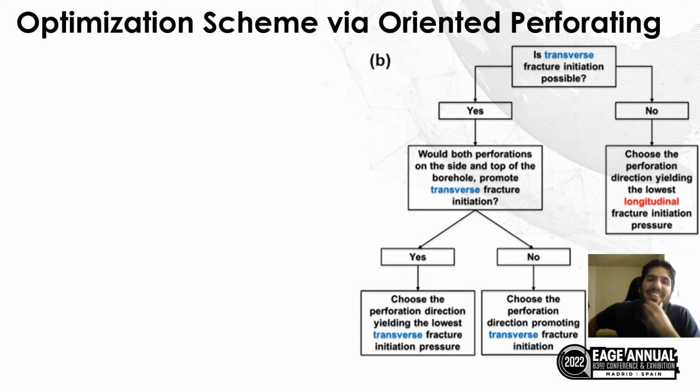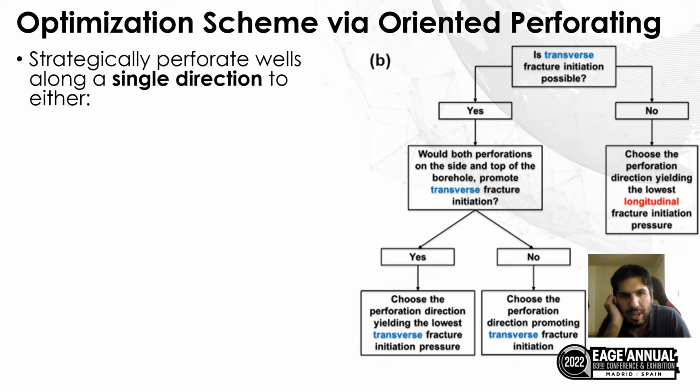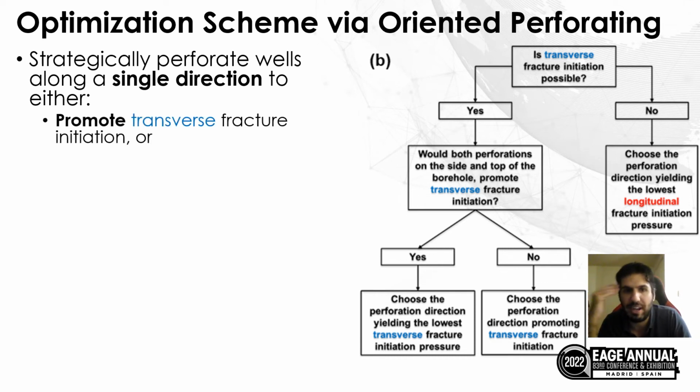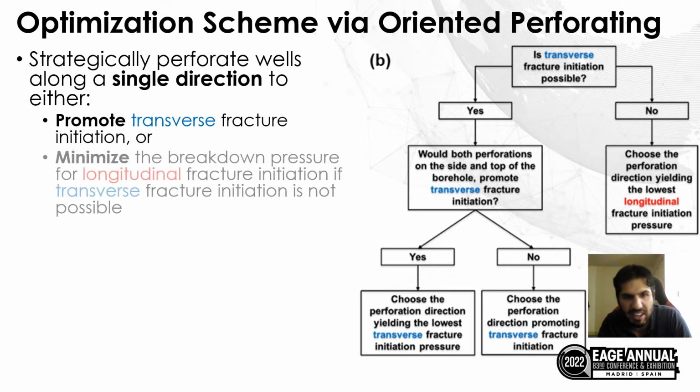Using this analysis, that's the second novelty coming from this paper: I came up with an optimization scheme using oriented perforating. Oriented perforating is when you strategically perforate your wellbore at a single direction or a single phase only, and you do that to achieve either promotion of transverse fracture initiation, which will suppress near-wellbore tortuosity, or to minimize the breakdown pressure.